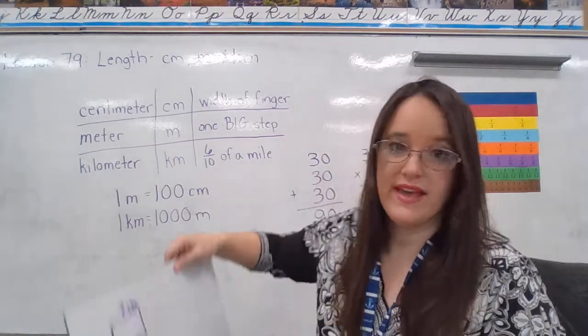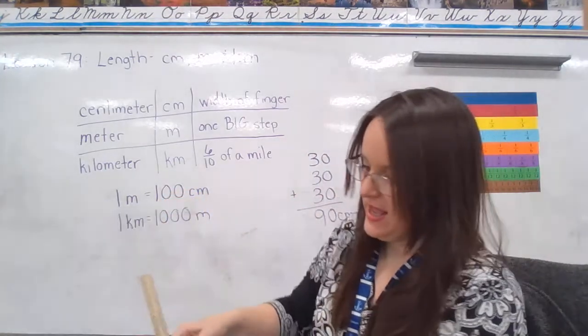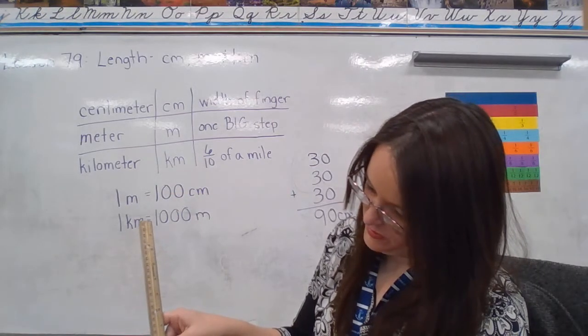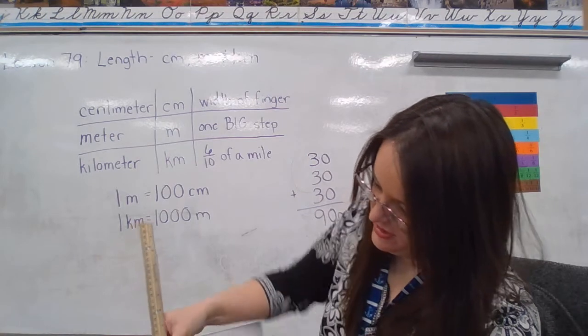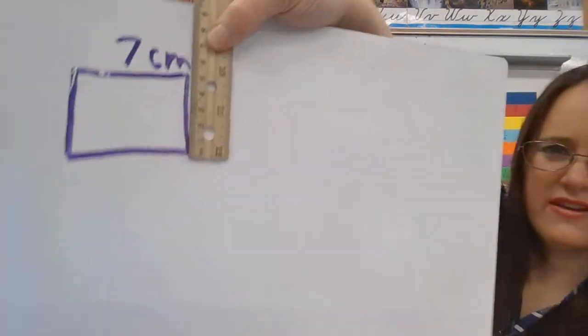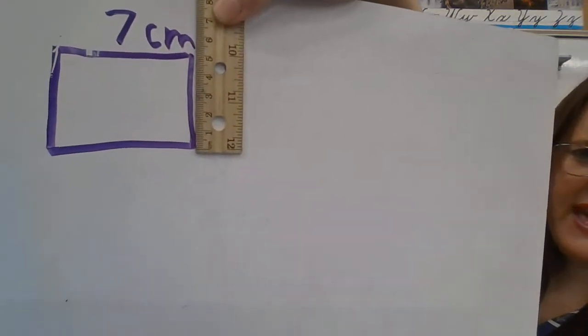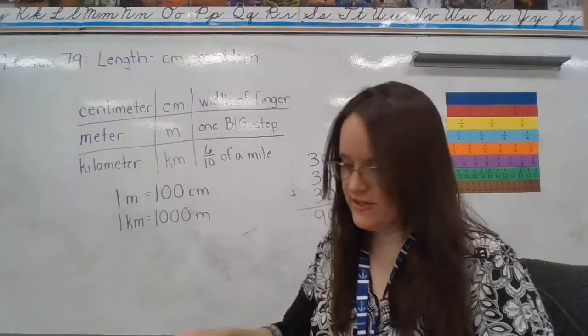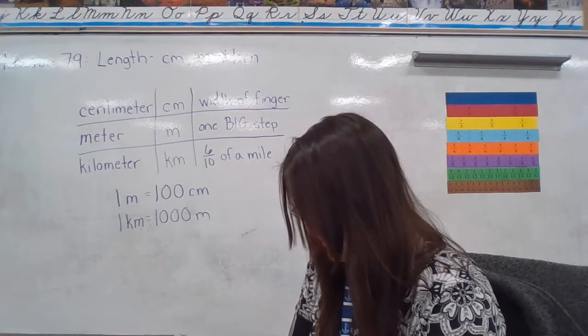Then we have to measure the width. So once again, I'm going to line up the 0 of my ruler with the edge of the rectangle here. Can you see that? That's about 5 centimeters. So I'm going to label that side as well.